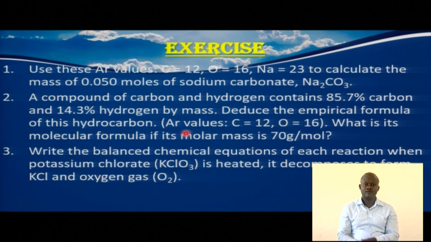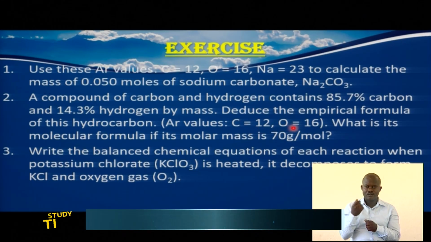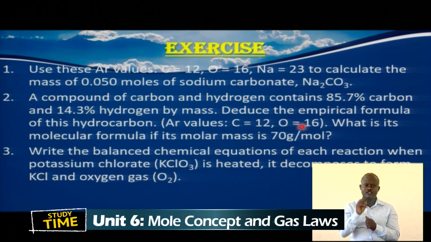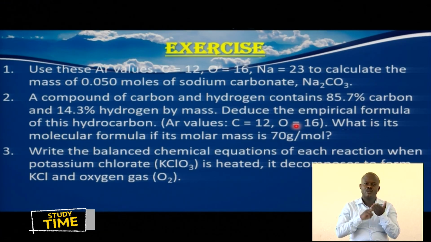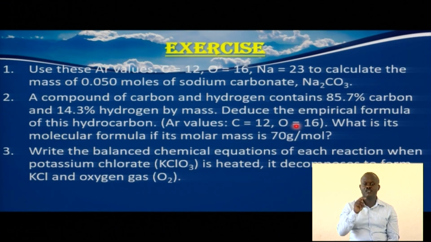The mass numbers we have are for carbon, which has 12, and hydrogen has 1. Hydrogen has 1 and carbon has 12. And how do we deal with this one? The question is also asking to find the molecular formula given the molar mass to be 70 grams per mole.